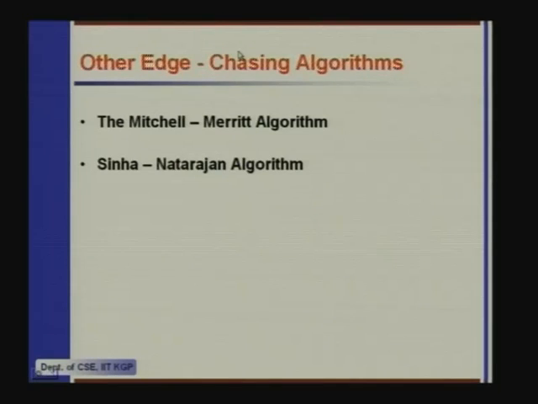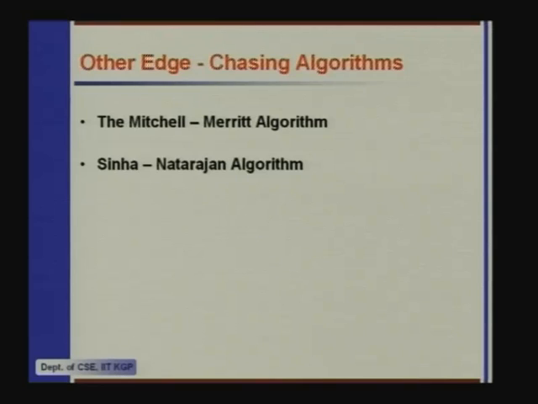So in the edge chasing algorithm that we have seen so far, the process which initiates the algorithm is the one which detects the cycle, right? And then that process breaks the cycle by aborting itself. Right? Now that is not always the best way to do the thing, right?